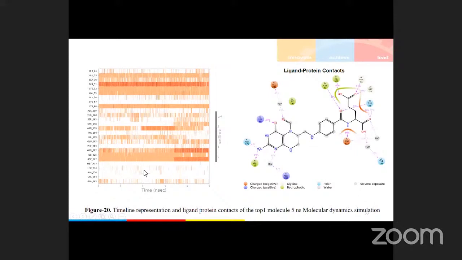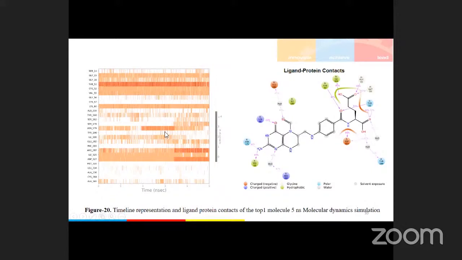In these two color representations, the dark color indicates tight interaction exhibited by this residue throughout our molecular dynamics study, that is 0 to 5 nanoseconds. Likewise here also.